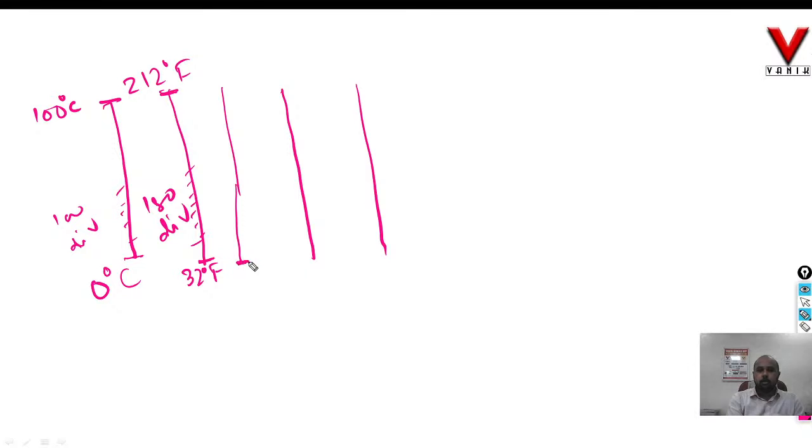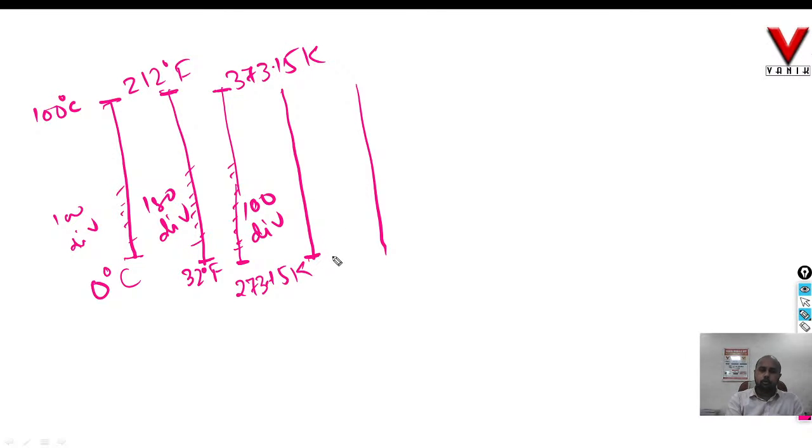Here you have Kelvin, which starts at 273.15 Kelvin. In between there are 100 divisions, and the maximum is 373.15 Kelvin.